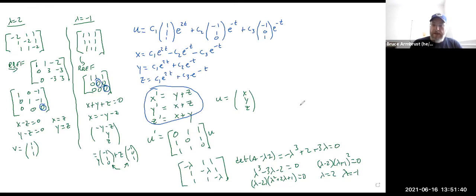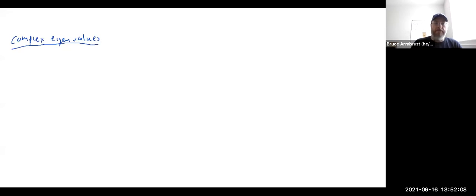Before I clear all this stuff, any questions before this goes away? Okay, so let me just clear all this. And let's talk about what happens when we get complex eigenvalues, because they will show up from time to time.